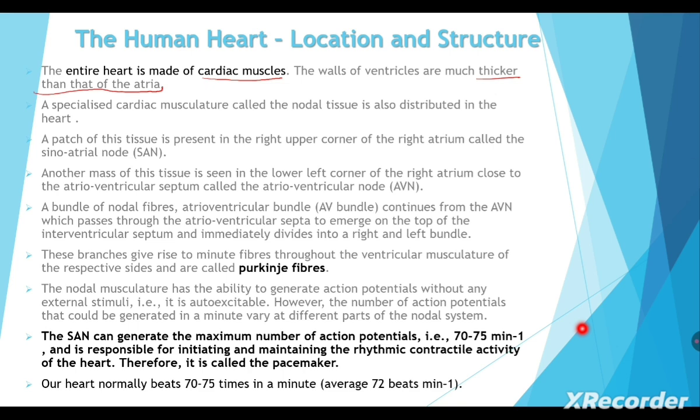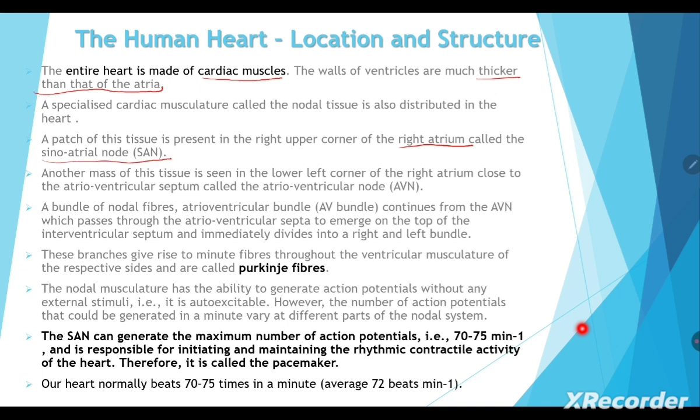And if you can see the patch of tissue present in the upper right corner of the right atrium, remember the diagram we have just read earlier, there is a tissue that is called the sinoatrial node.